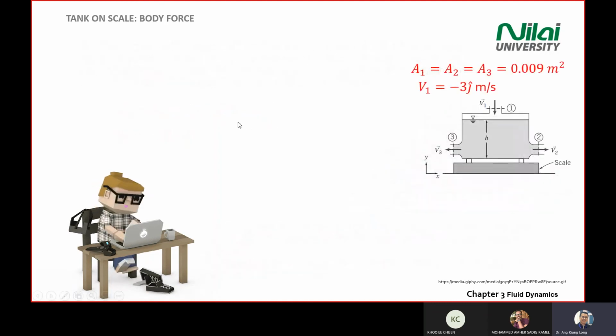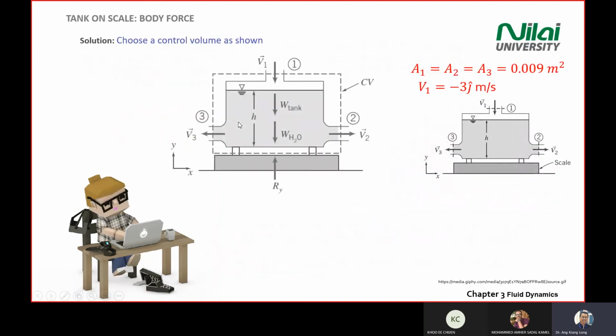Okay. Right. Now how do we start? The first thing we need to choose is the control volume. All right. So when it comes to your test 1 or final exam, when you look at the question, it asks you to use the momentum equation or the continuity equation to solve for certain parameters in the question.